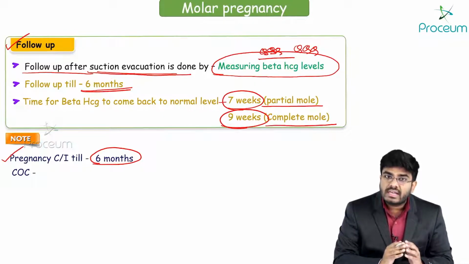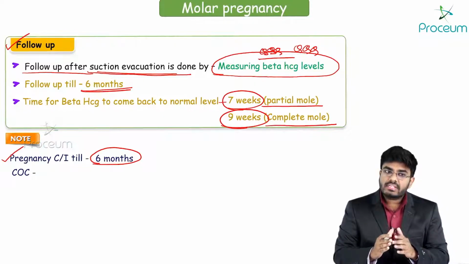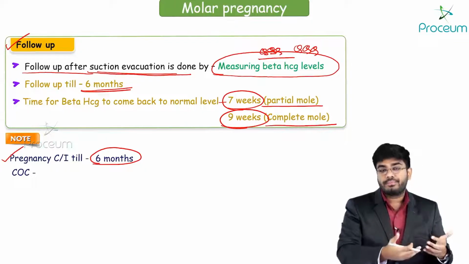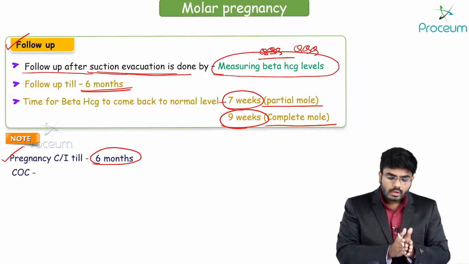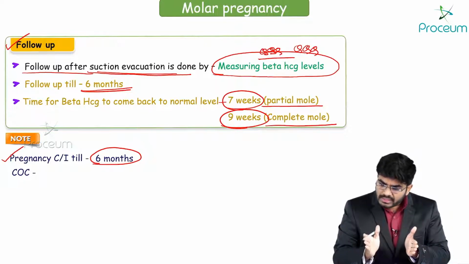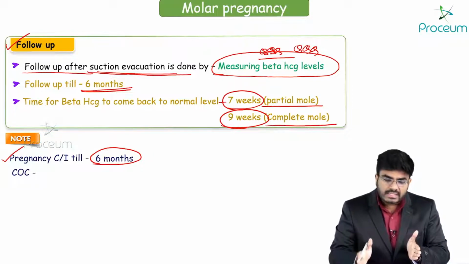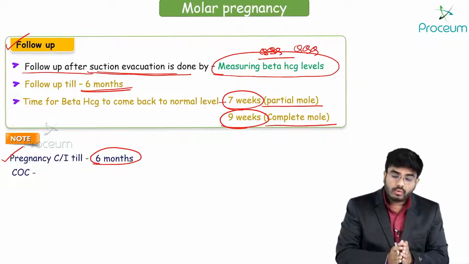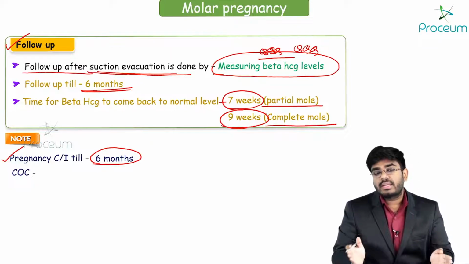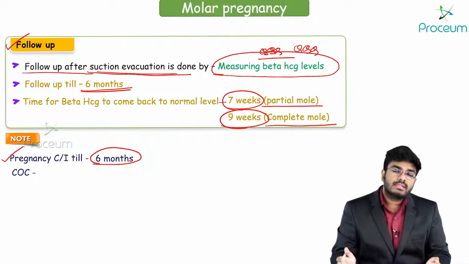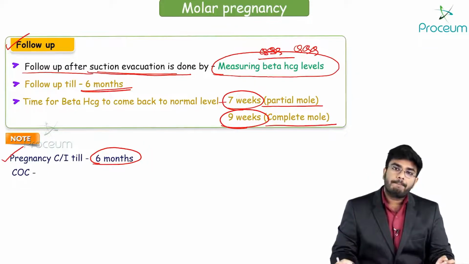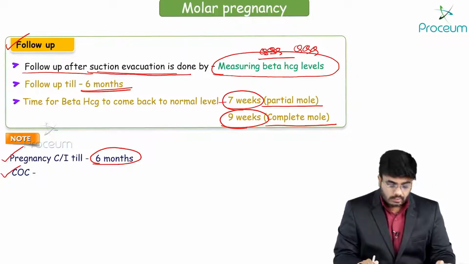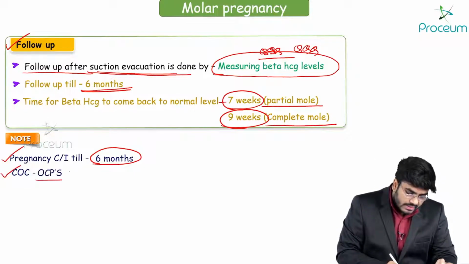The beta HCG levels might be elevating because the trophoblastic tissue is growing again. So you can't differentiate whether the increase is because of pregnancy or because the molar pregnancy is happening again. So pregnancy is contraindicated in the next 6 months after suction evacuation. And the contraceptive of choice is oral contraceptive pills. MCQ.